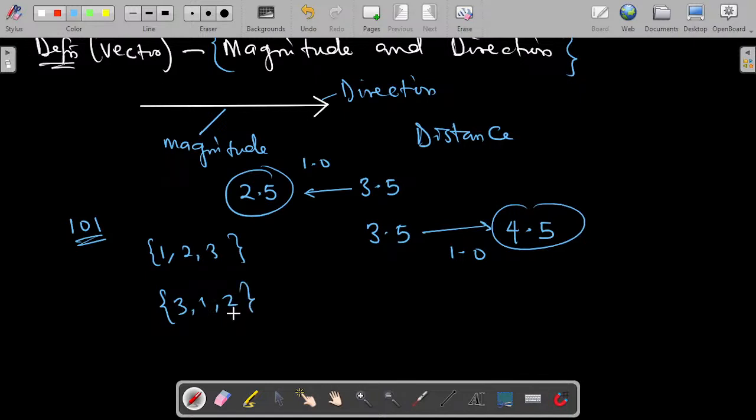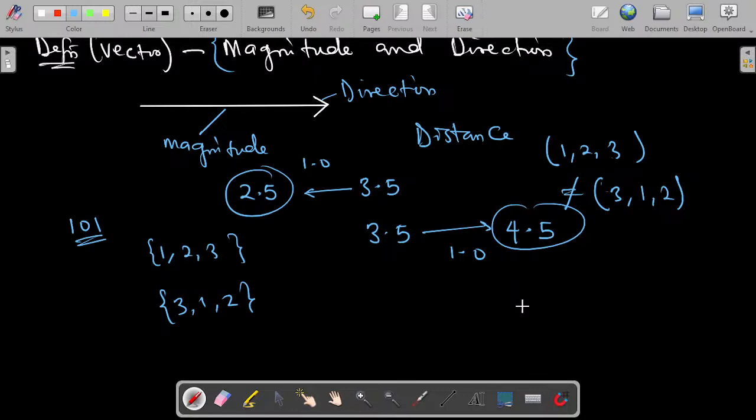That's for sets. When you come to vectors, we are going to be representing vectors dimensionally in this form. If I write a vector 1, 2, 3, it is not the same as 3, 1, 2. We are going to see all of this by the time we start. So here, the arrangement is important. The arrangement here represents the direction.